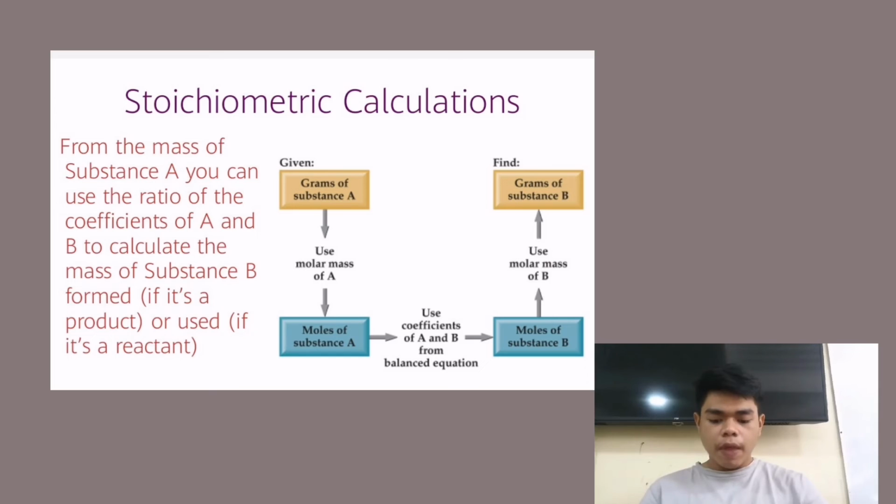From the mass of substance A, you can use the ratio of the coefficients of A and B to calculate the mass of substance B.